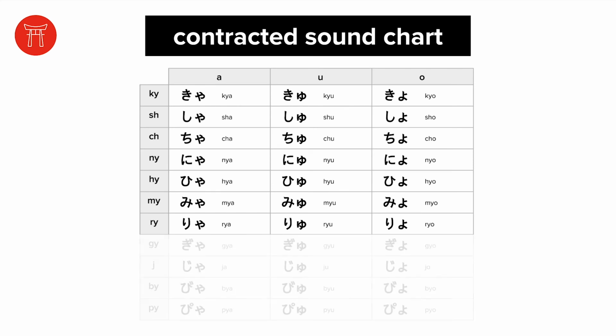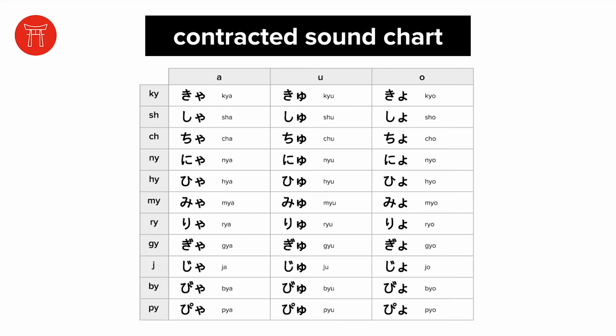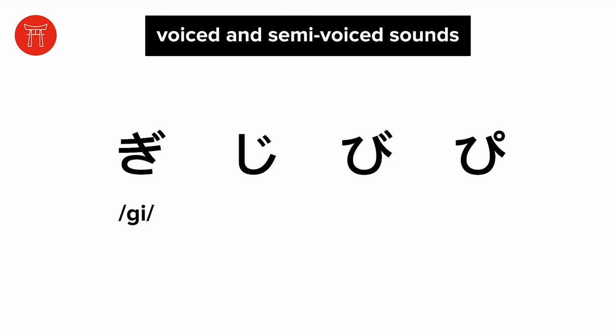The rest of the chart consists of the voiced and semi-voiced versions of contracted sounds. Remember these? ぎ, じ, び, and ぴ. These kana represent the voiced and semi-voiced versions of some of the sounds we used earlier. The same rule applies.